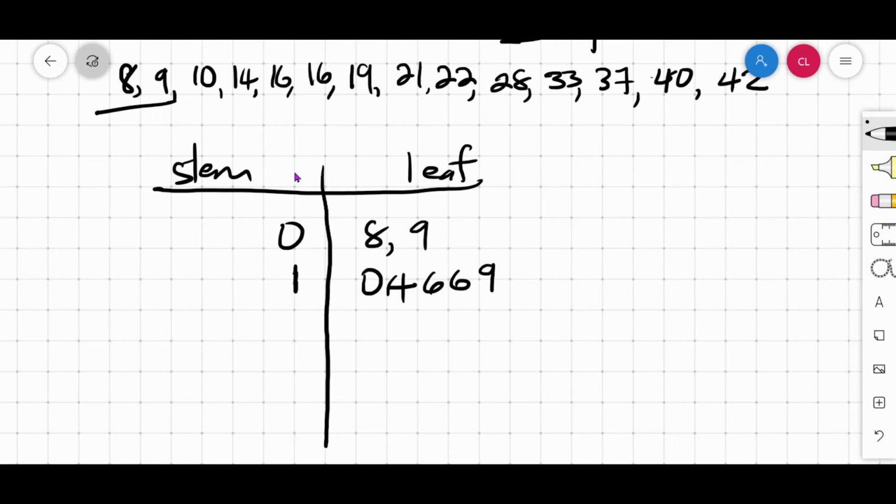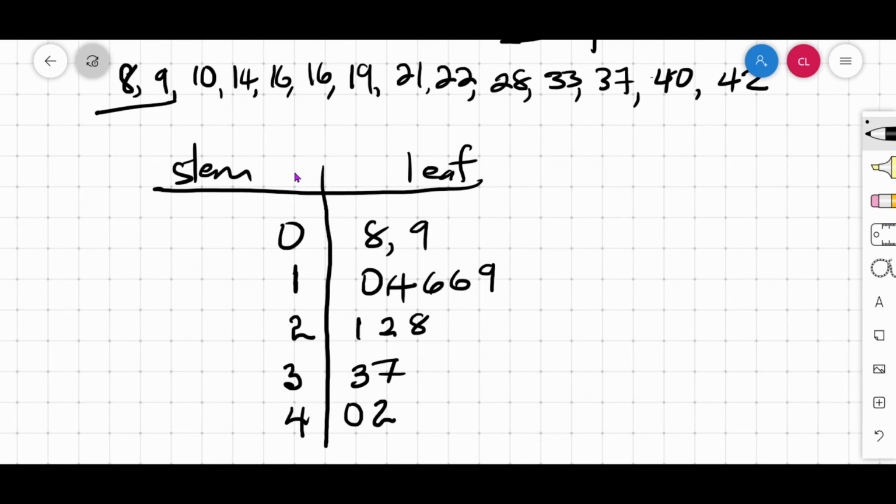Okay, let's go with numbers between 20 and 29. So this is the two sets of 10. So we have 21, 22, 28. Numbers for 30 would be 33 and 37, and numbers for 40 would be 40 and 42.